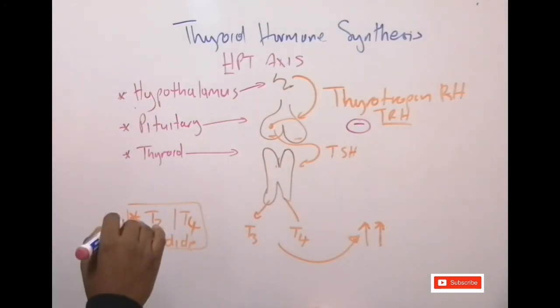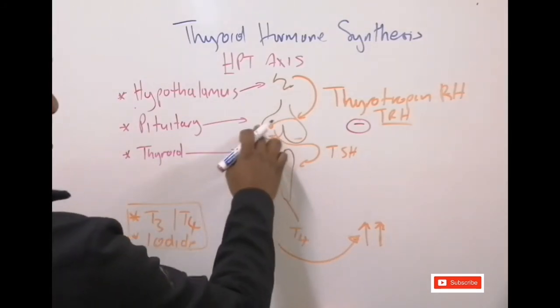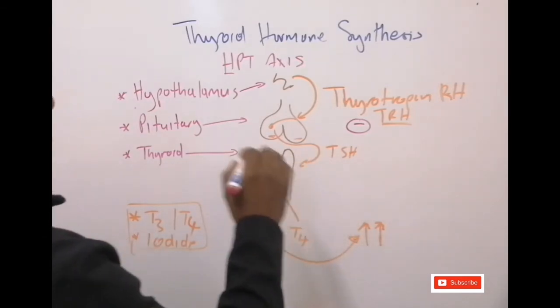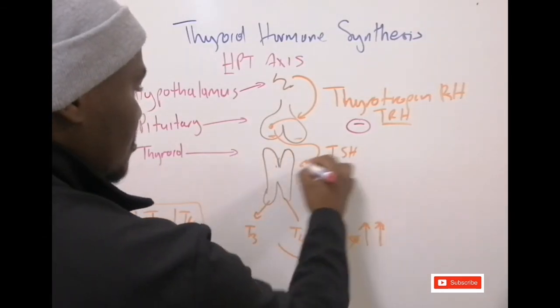When TRH release has been inhibited, the anterior pituitary will also be inhibited from secreting TSH.